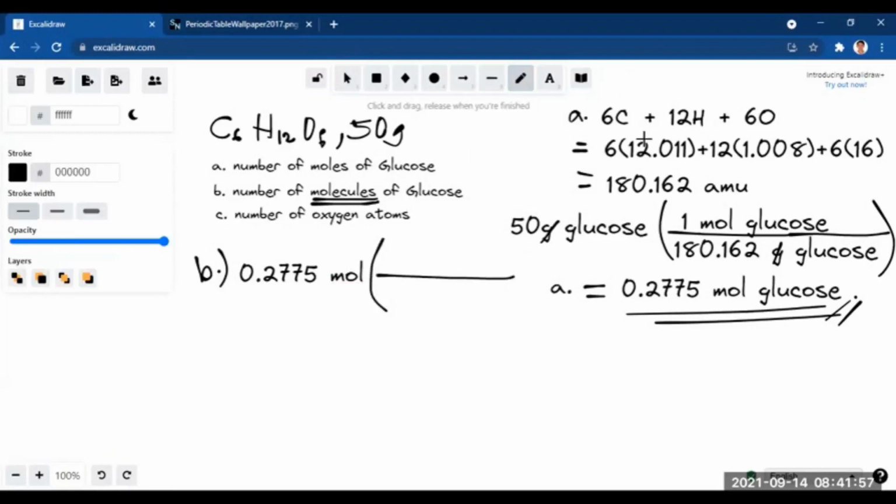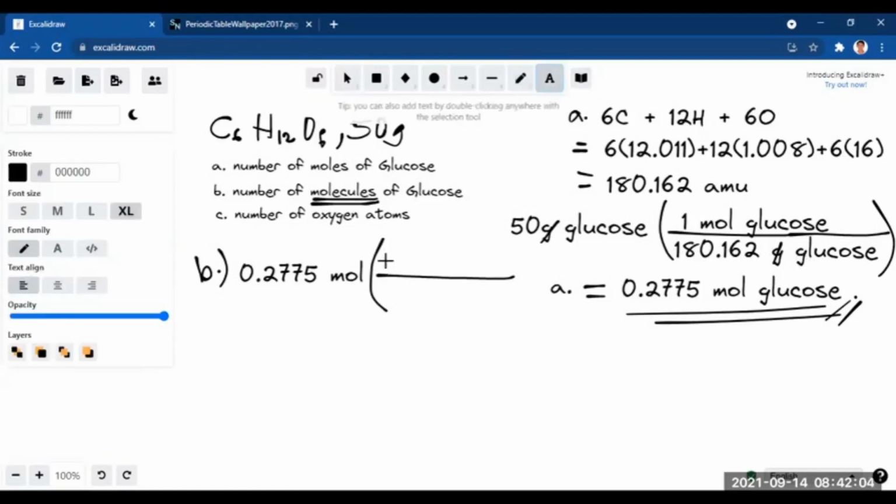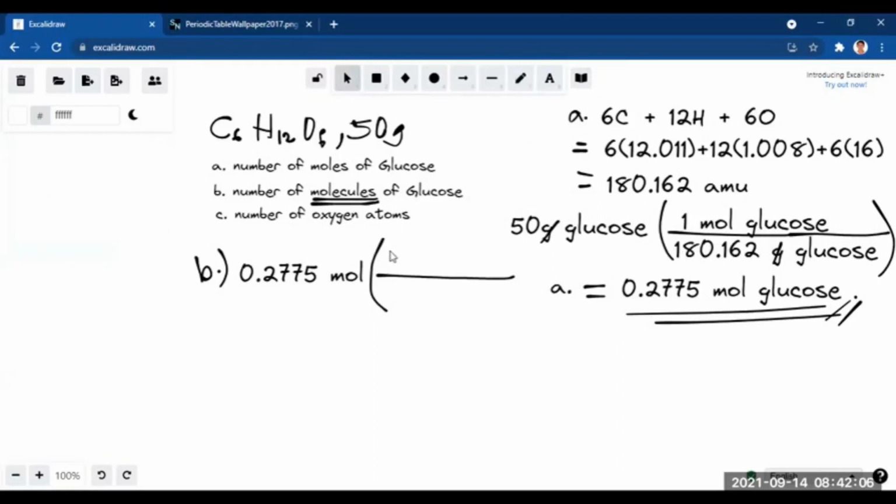This can also be interchanged just like our grams per mole.